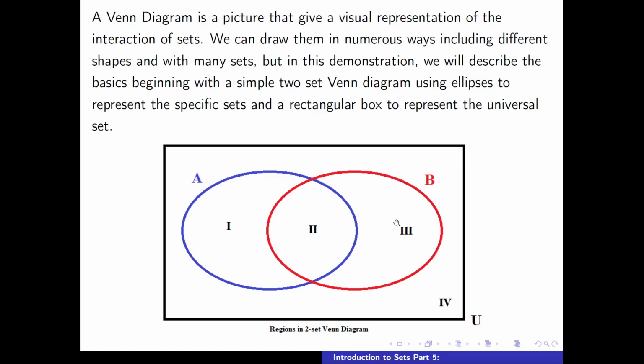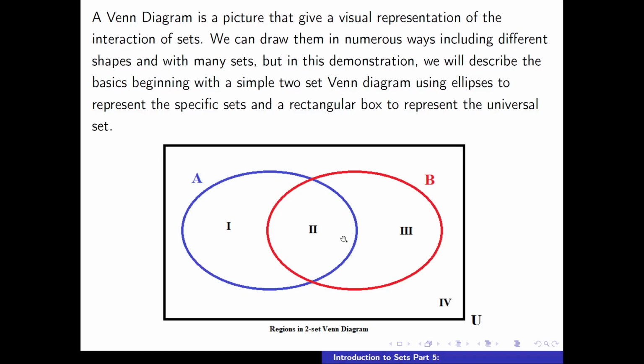You can't be inside one of these circles, inside one of the sets, and also be outside. Region 3 is outside of A, so we can't have elements in region 3 that are also elements in A. And we can't have elements in region 4 that are in A or B, because we can't be inside either of these ellipses and outside at the same time.